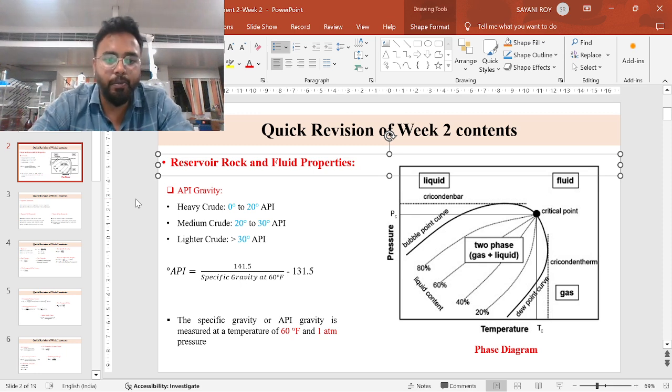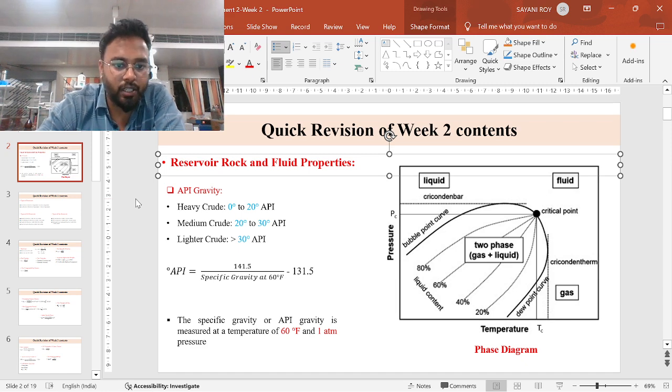For API gravity, the formula is degree API equal to 141.5 divided by specific gravity at 60 degree Fahrenheit, minus 131.5, where the specific gravity is that of the crude oil. If the API gravity of the crude oil is from 0 to 20 degree, it is called heavy crude. If it is from 20 to 30 degree, it is called medium crude, and if it is more than 30 degree, it is called lighter crude.